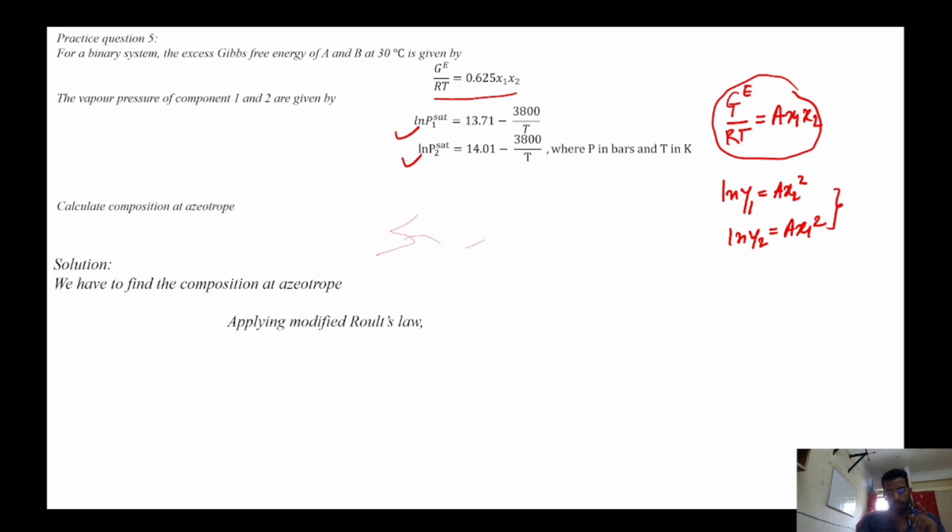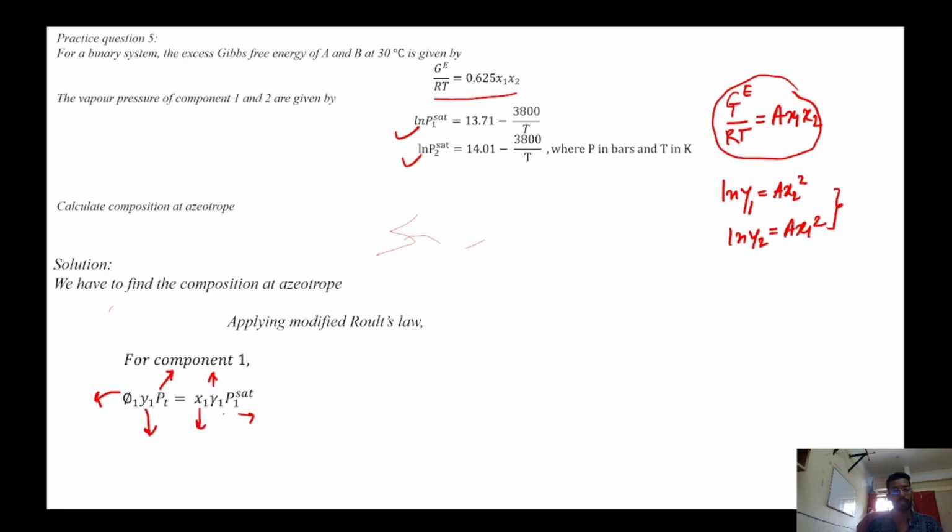Applying modified Raoult's law, it says phi1 y1 Pt is equal to x1 gamma 1 P1 sat, where phi is the fugacity coefficient, y1 is the composition in vapor phase of component 1, Pt is the total pressure, x1 is the composition of component 1 in liquid phase, gamma is the activity coefficient, and P1 sat is the vapor pressure.